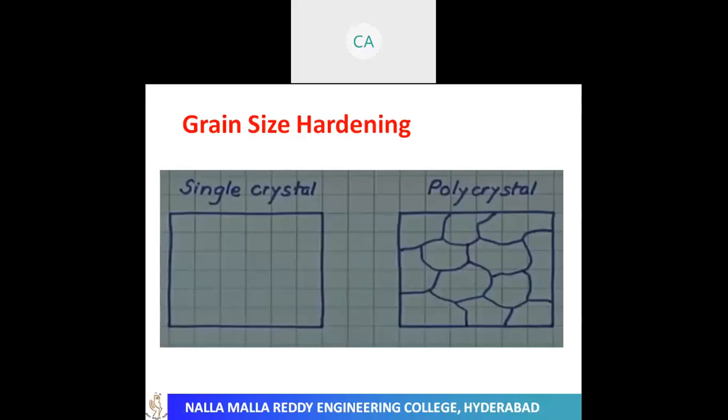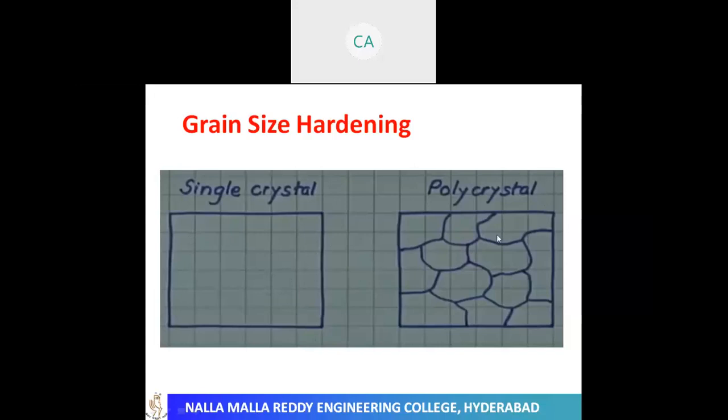Let us talk now about grain size hardening. If you have a single crystal, then all the unit cells in the entire sample are oriented the same. So we have only one crystal. But real crystalline materials are mostly polycrystalline.